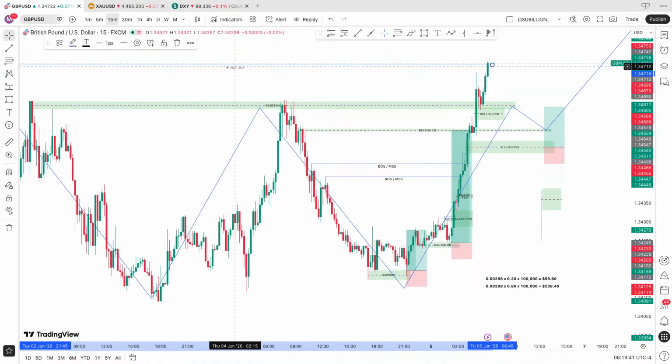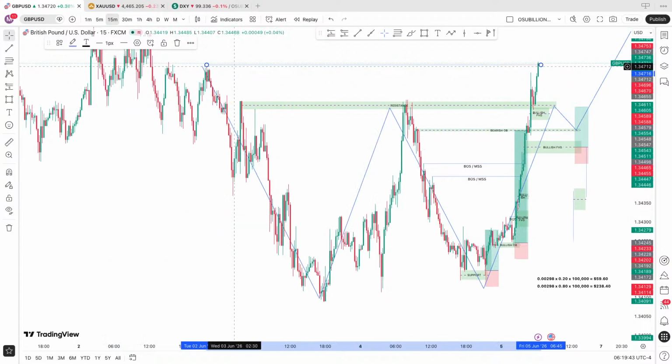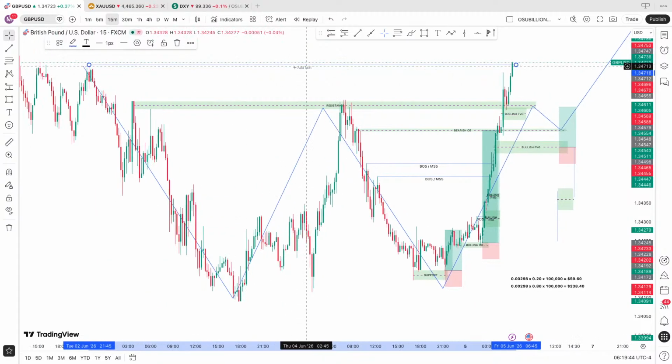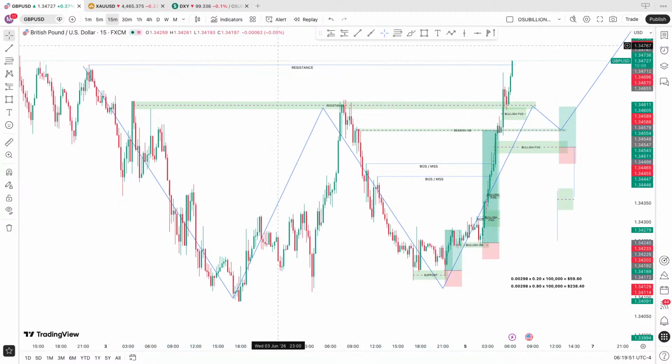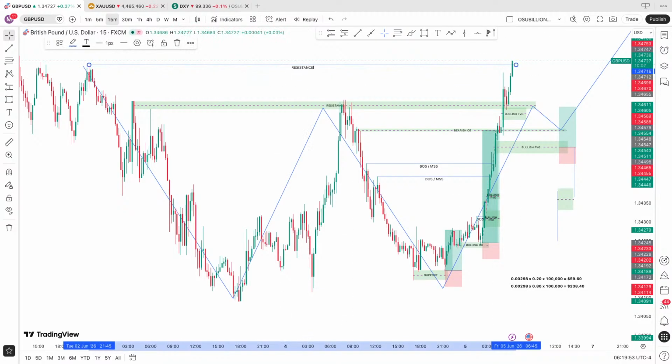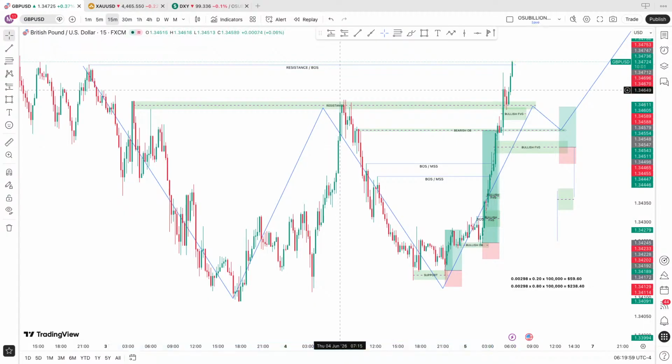So this one is also a resistance. And it's serving as a break of structure, because now we can see that all market structure shifts. We can see that it has overtaken that liquidity to the top side.